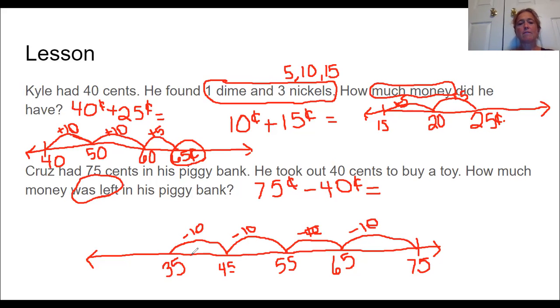So he has 35 cents left, don't forget that cent symbol. The answer to our problem would be 35 cents. As you can see, we do the same thing as we would for any other word problem. It's just now we know that we're talking about cents.